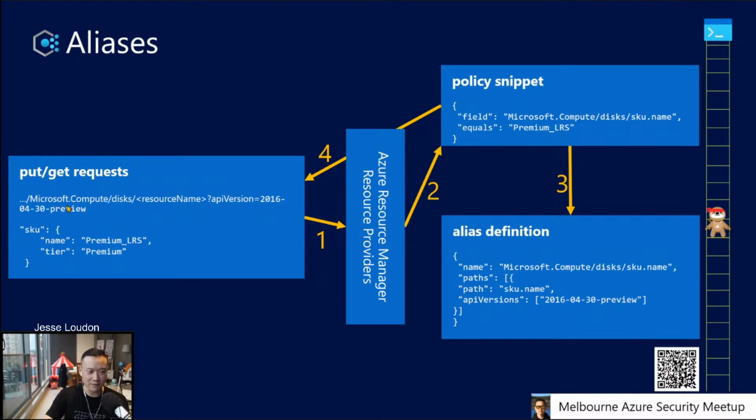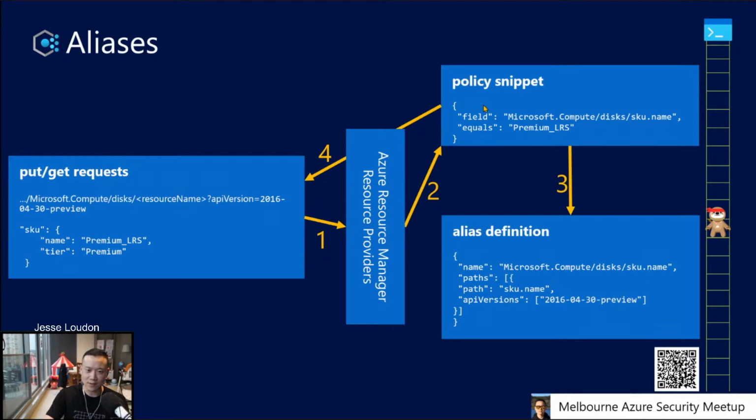So here we've got a put and get request with an API version. This is a disk being created or updated. It's using this specific API version, and the disk SKU name is premium, and the SKU tier is premium. That request is getting sent to Azure Resource Manager as an initial task.